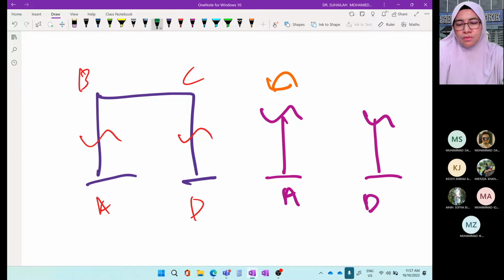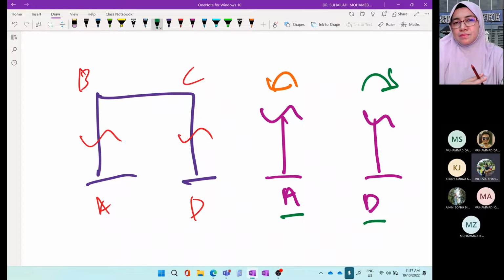Or the other way around? Macam mana? For A dengan D. Sama ke tak sama? Tak sama. Sebab apa tak sama?